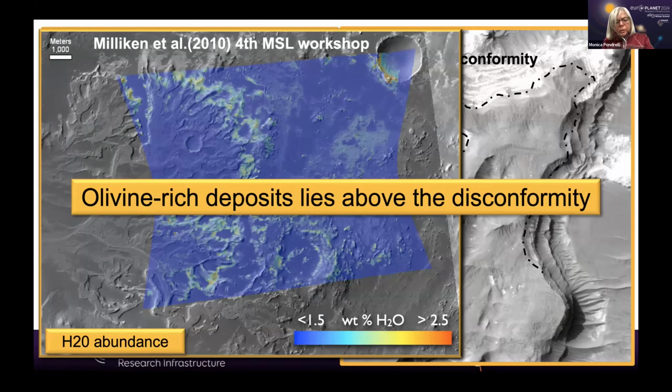So the olivine-rich deposits lie above the disconformity, and we have two different geological histories of this delta, which should not be confused, which should not be mixed, I would add.